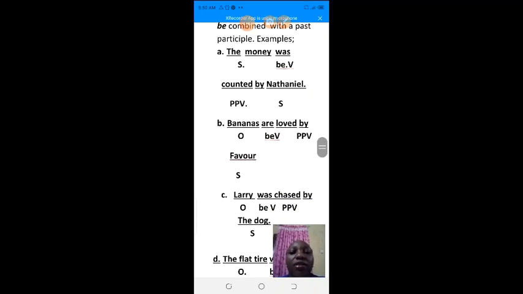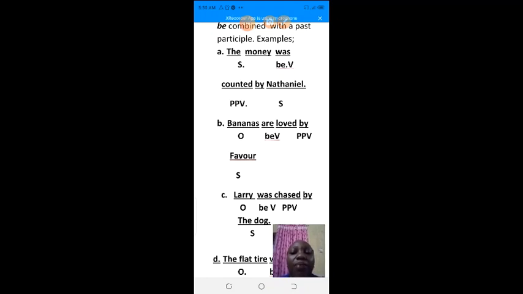The first example we had in the active voice, we're changing it to the passive. The money was counted by Nathaniel. The money is the object. Was is the verb to be.